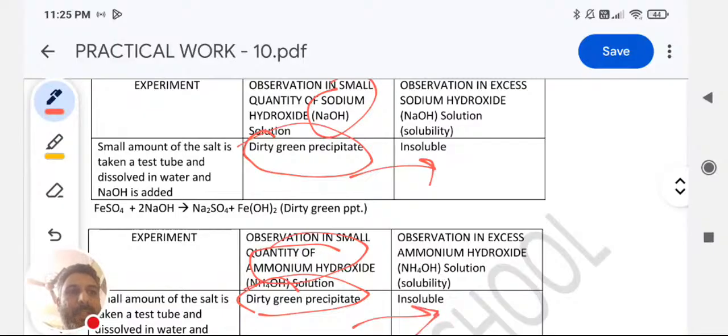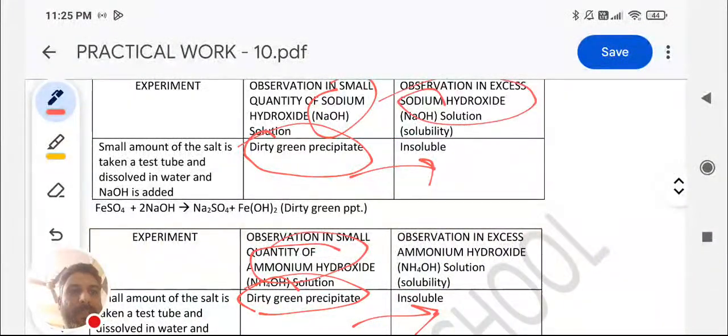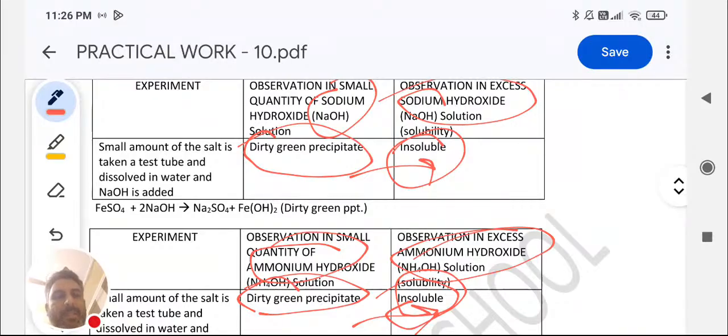Whether you take excess sodium hydroxide or excess ammonium hydroxide, it remains insoluble. So for ferrous ion, you just need to remember the color of the precipitate, that is dirty green, and in both cases it remains insoluble when you take both reagents in excess.